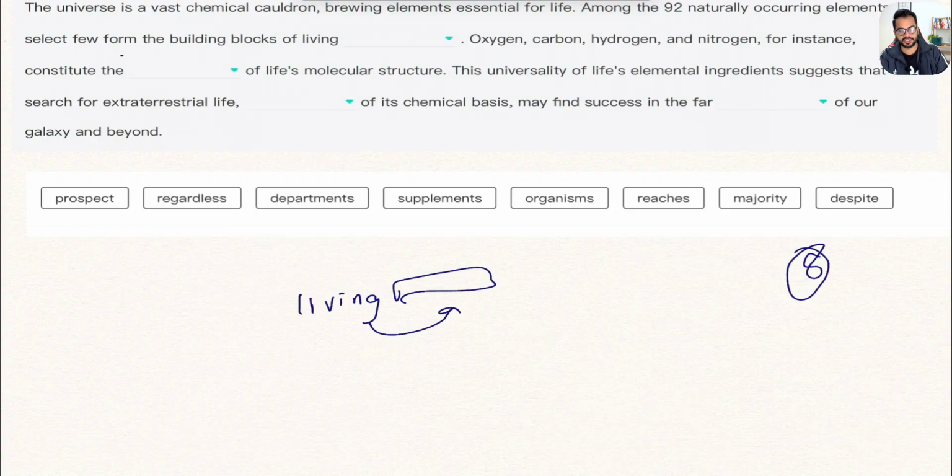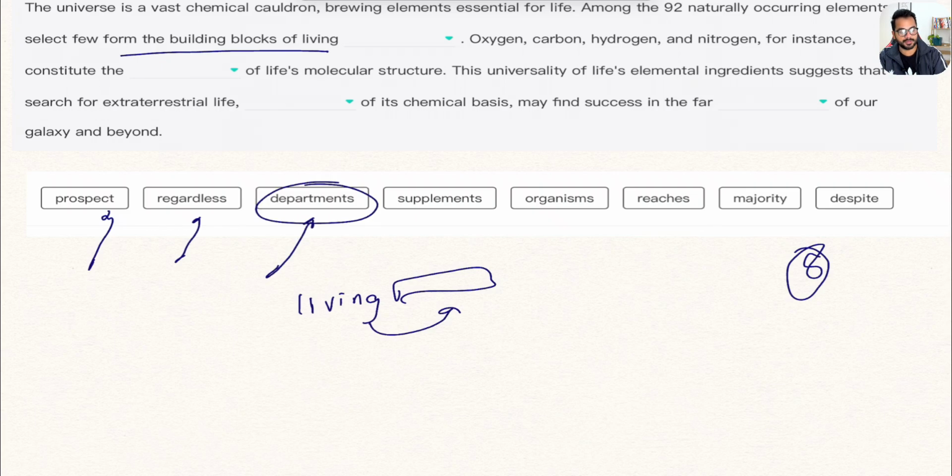So if you look at the options, if I say living prospect, it doesn't make any sense. Living regardless, living departments, I'm just keeping that one as an option. Supplements doesn't make any sense. Living supplements can't live, right? Living departments also doesn't quite make sense, but I'll still keep that as my option.